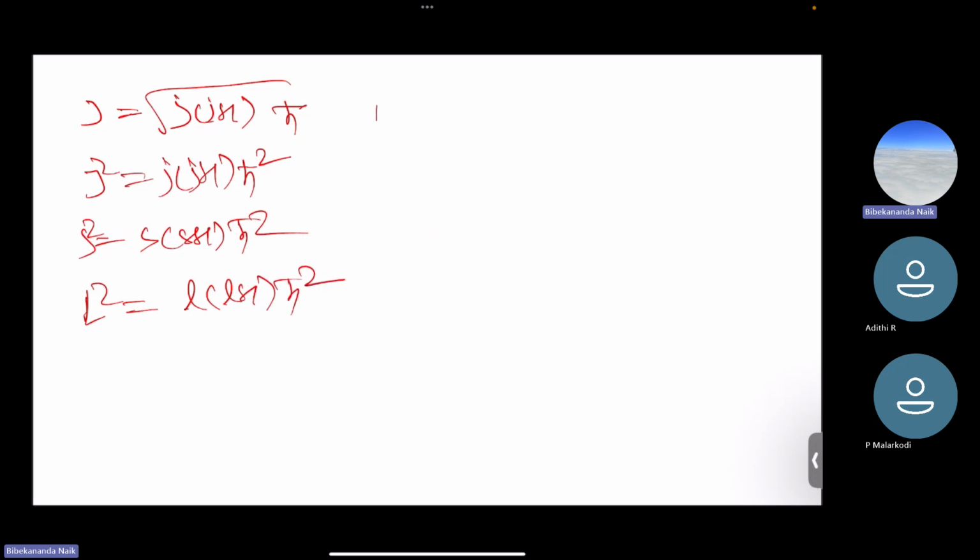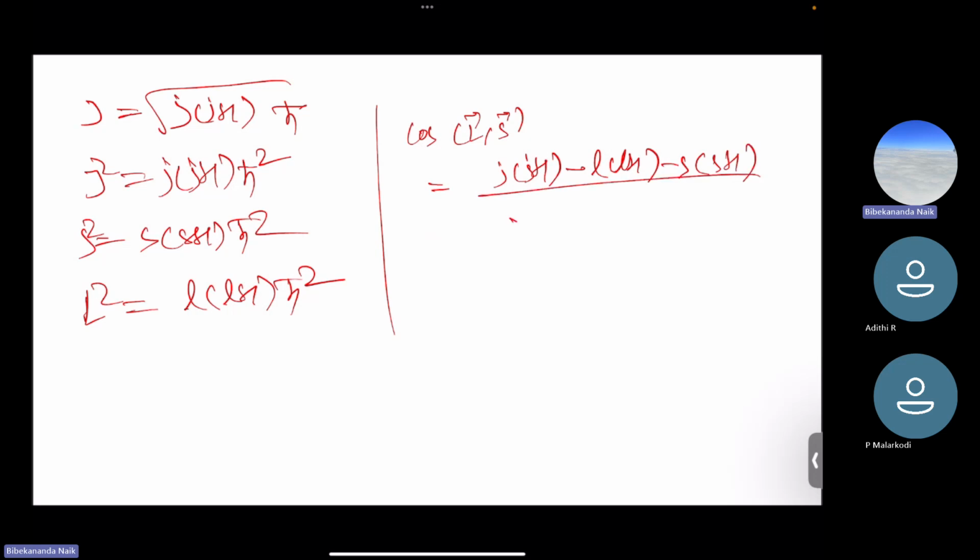So what will be the value of the angle between the L vector and S vector? It will be cos of the angle equals J(J+1) minus L(L+1) minus S(S+1), divided by 2 root of L(L+1) root of S(S+1). Now put in the values for a d electron in a one-electron atom.